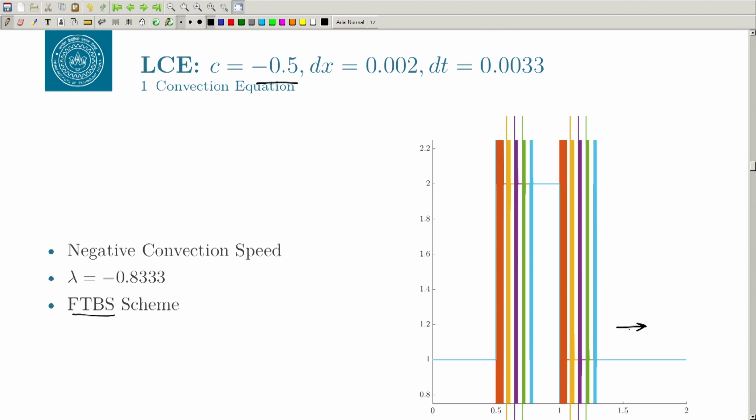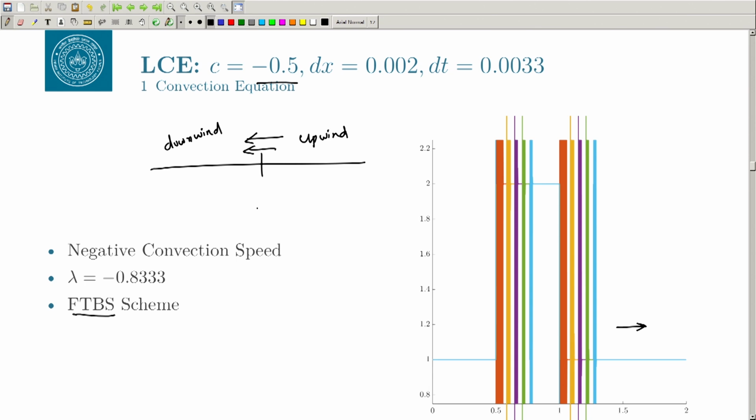Why is it blowing up? The reason is that now C is negative, so your information is travelling from right to left. When it is travelling from right to left, this is your upwind and this is your downwind, so you need to take the information from this direction.